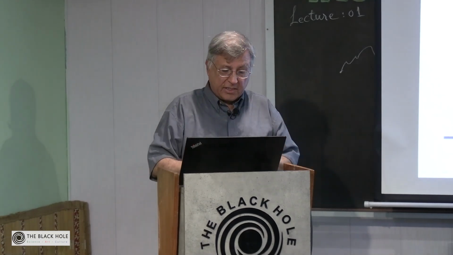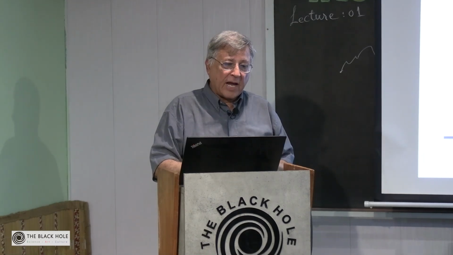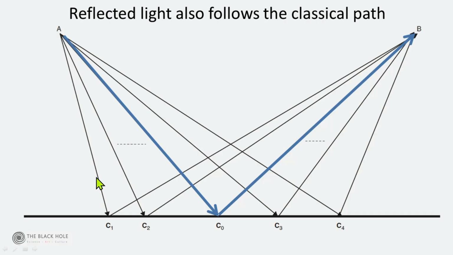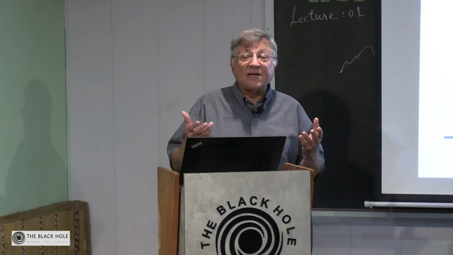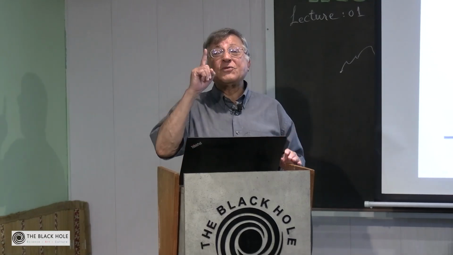Because look, it could be that you have light coming from here, bouncing off from here, reaching here, but equally it could be from here, or an infinite number of different paths which all start from A and end at B. But it is the constructive interference of light which gives you a single path.